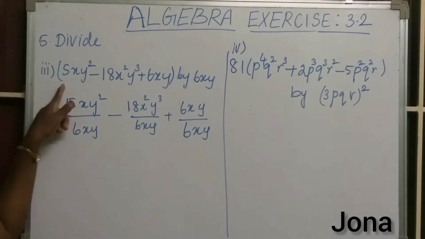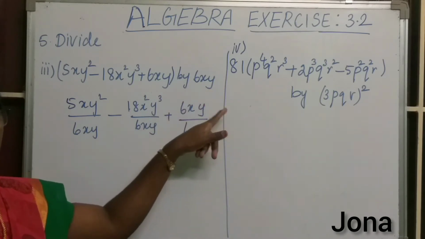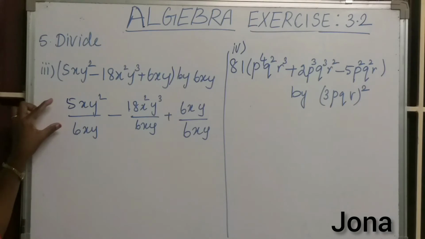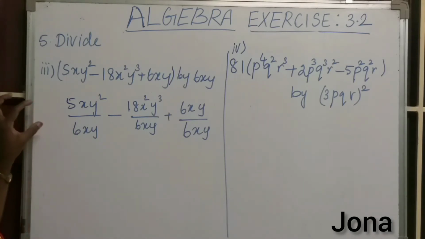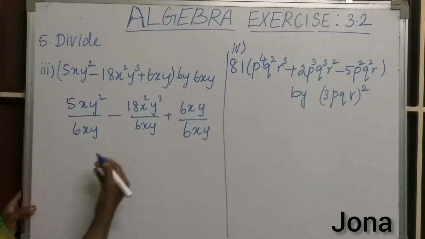We are dividing each and every term by this 6xy. So if possible, we can simplify this coefficients. If not possible, keep as it is.